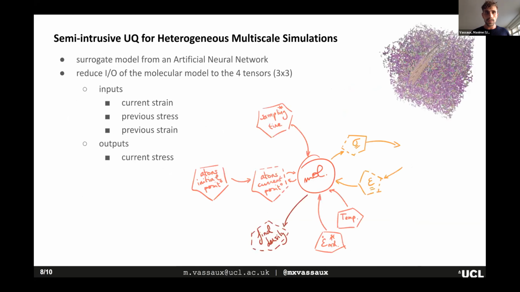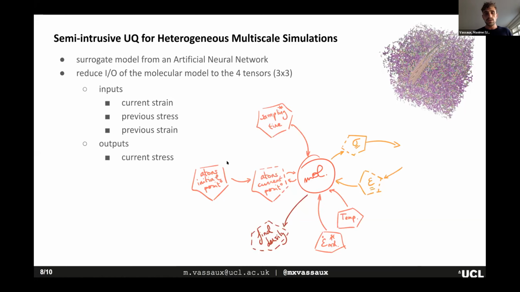So the main task here was to develop a surrogate model for the molecular dynamics. The issue with the input parameters of molecular dynamics is that they are very highly dimensional.